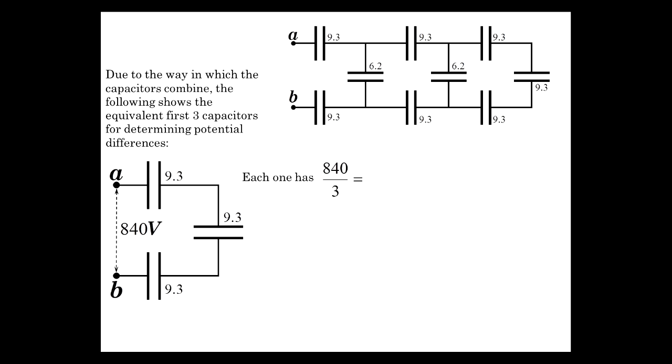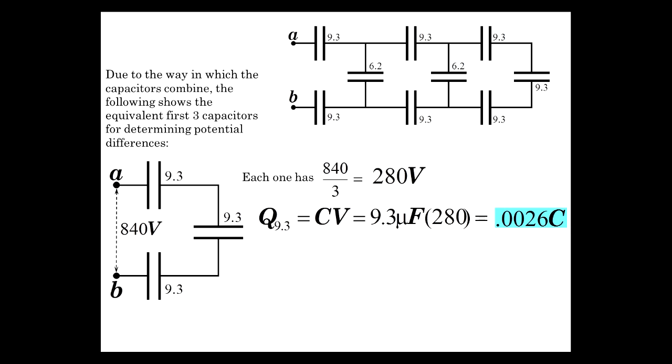So each one has a third of the voltage, or 280 volts, across it. Then the charge of a 9.3 is very easy to discover. Capacity times volts, 0.0026 coulombs.